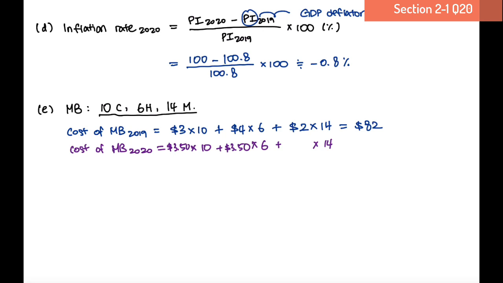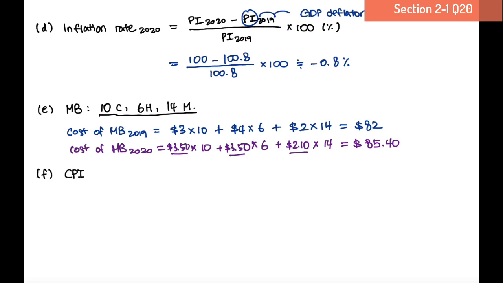And mints are $2.10. So it's the price of the goods that have changed, not the market basket. And so to buy the same number of goods in 2020, you need $85.40.